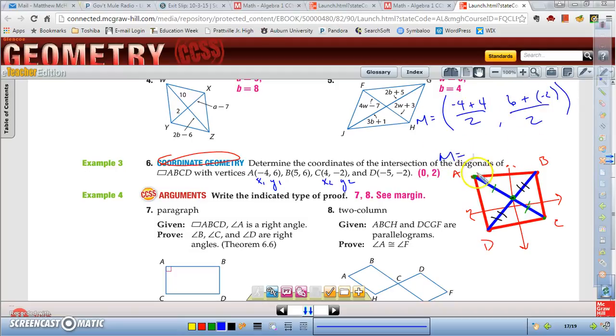And so the midpoint between A and C is, this is going to be 0. 6 plus -2 is 4 over 2, reduces to 2. And if I would have found the midpoint between B and D, I would have gotten the same thing. Okay?